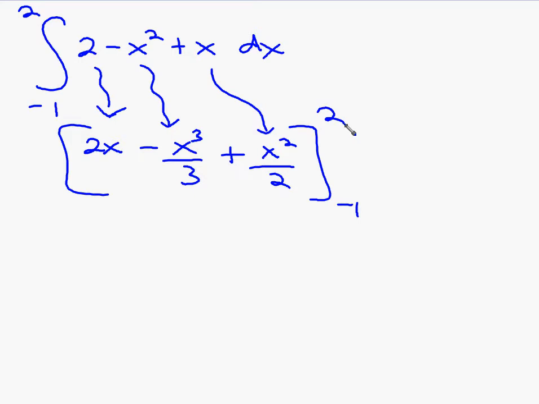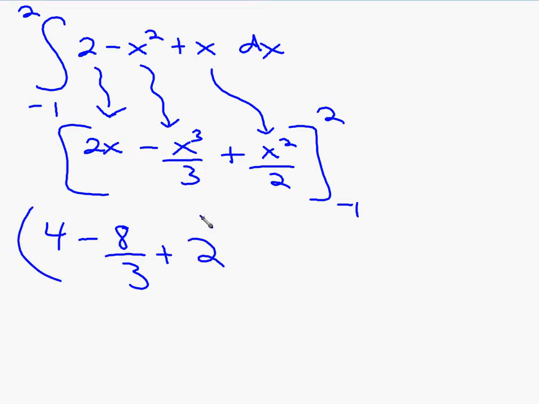So if I plug in 2, I have 2 times 2, which is 4, minus 2 cubed, which is 8 over 3, plus 2 squared over 2, that's 4 over 2, which is 2.